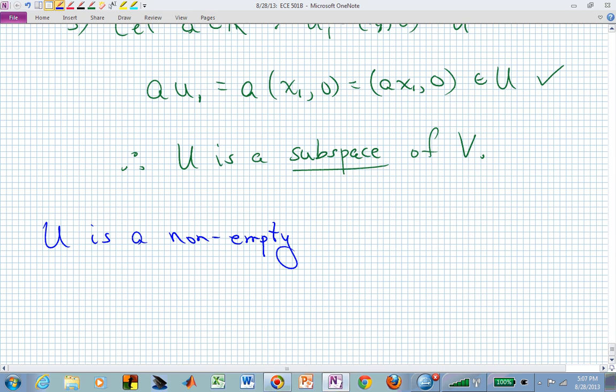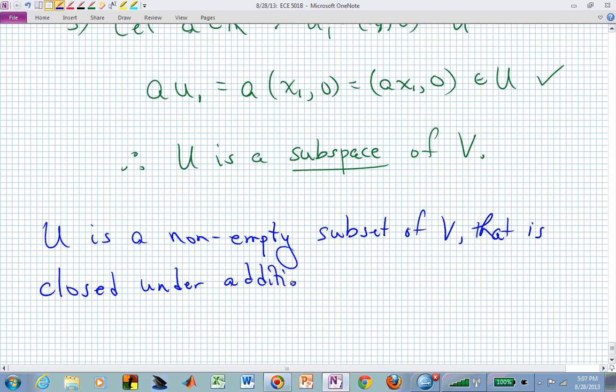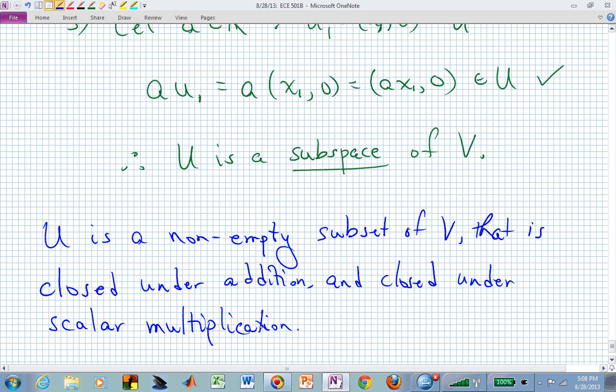U is a non-empty subset of V that is closed under addition and closed under scalar multiplication.